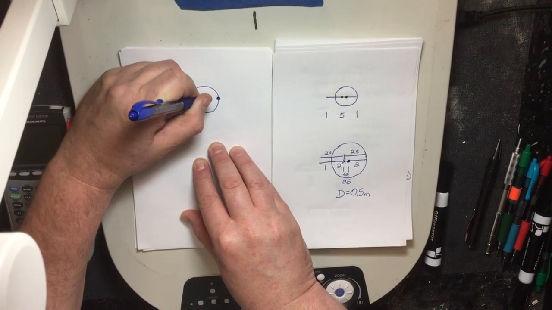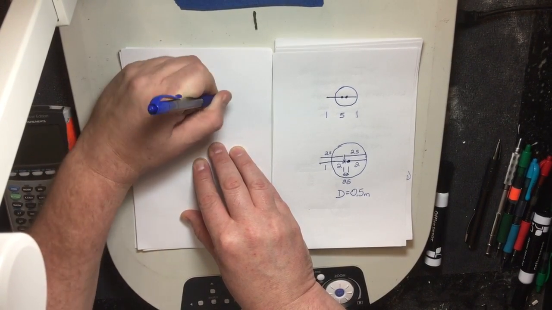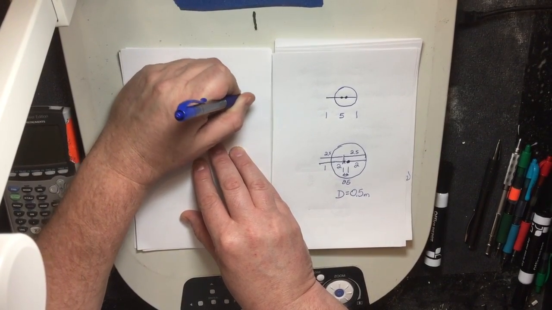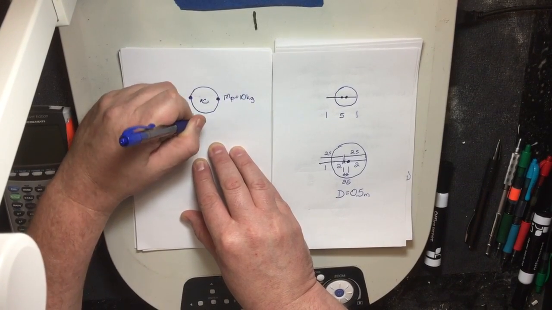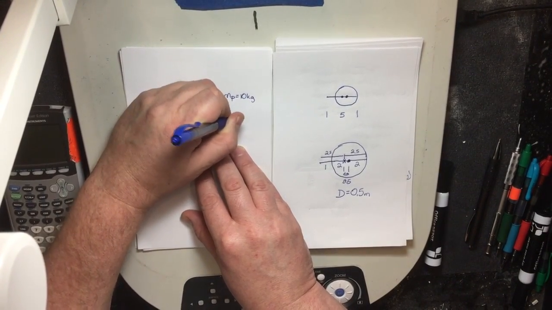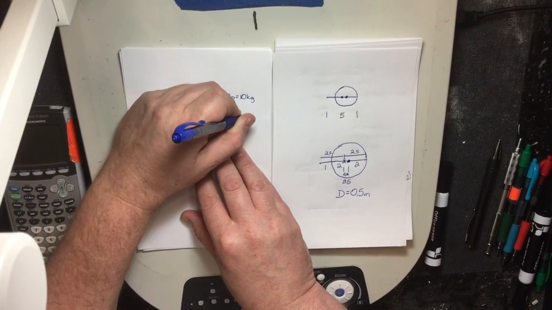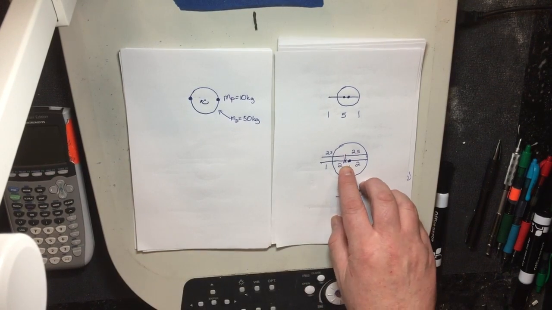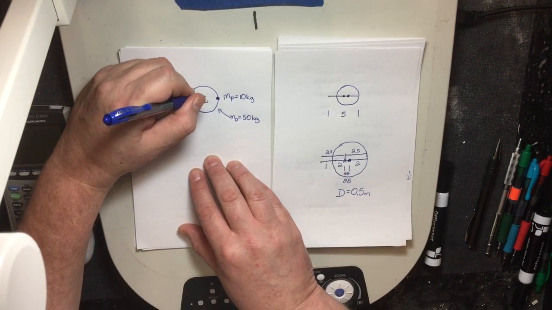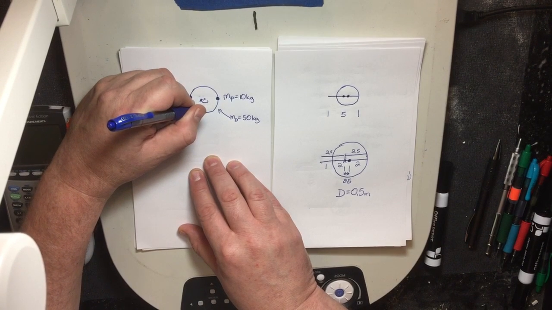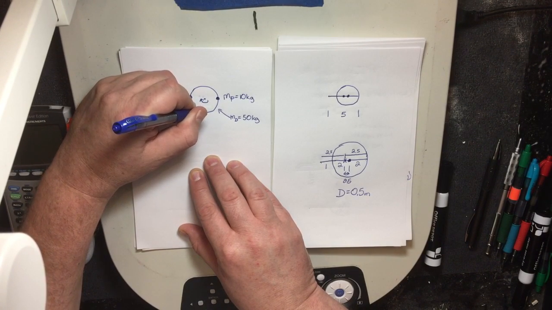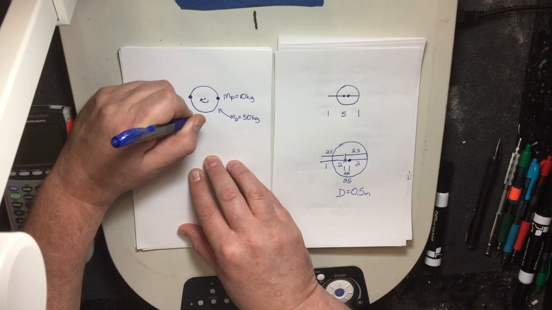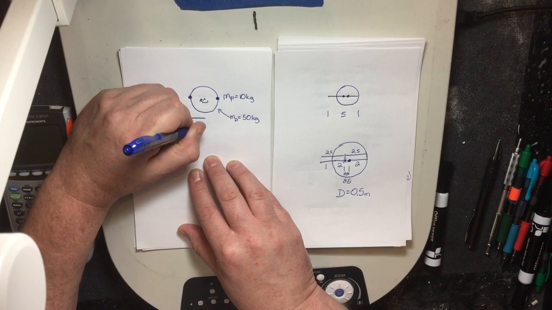So you have a disk with 2 masses. Each point mass is 10 kilograms. The mass of the disk is 50 kilograms. Let's make it easier. The radius is 2.